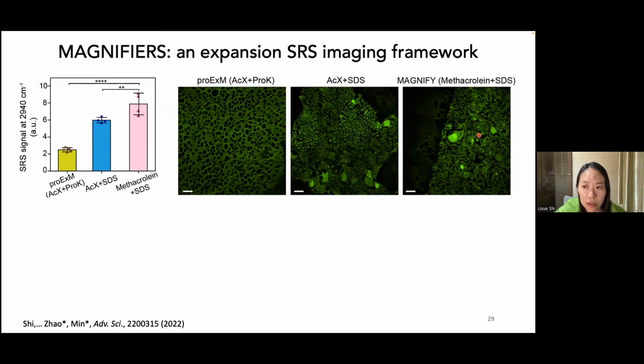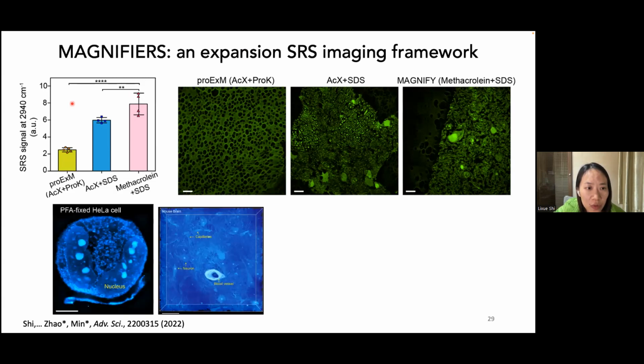Moreover, those structure patterns are much better preserved after changing the proteinase to detergent for homogenization. Additionally, this high biomolecule retention also ensures optimal sensitivity and effective resolution after expansion.